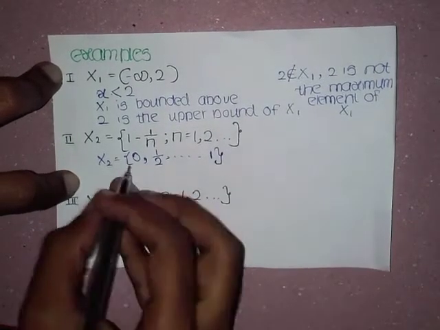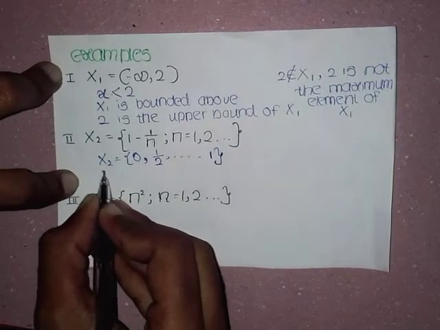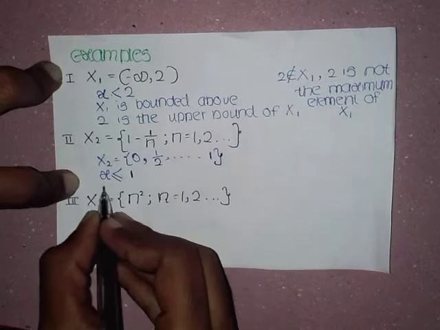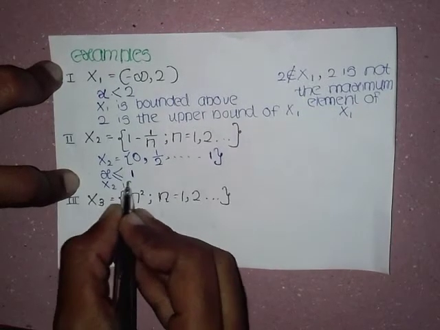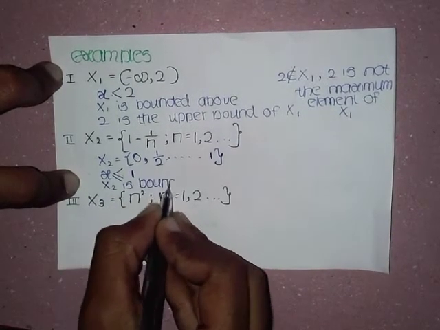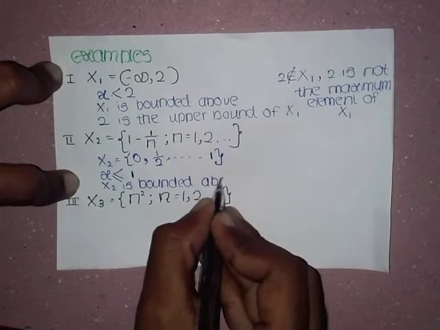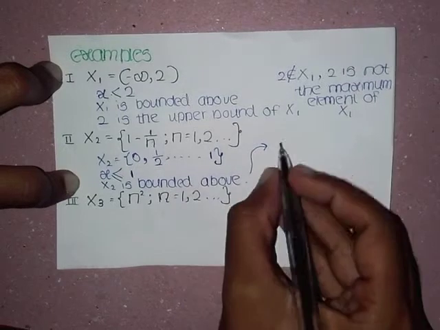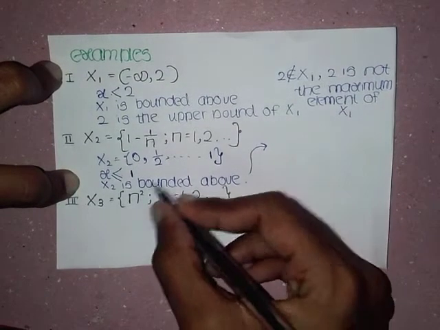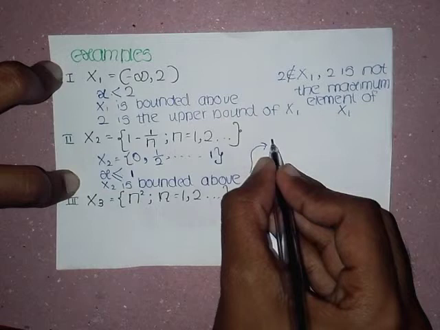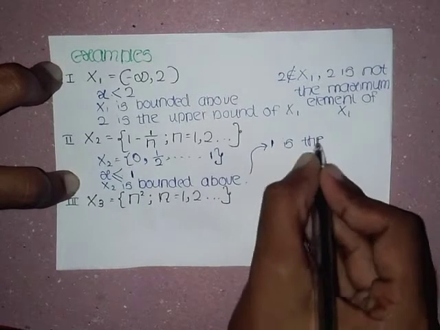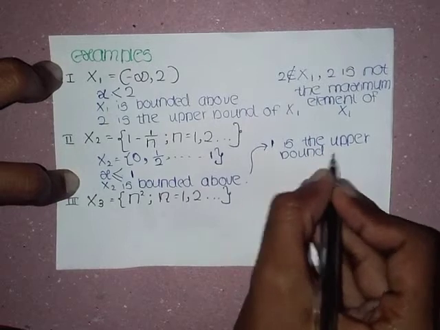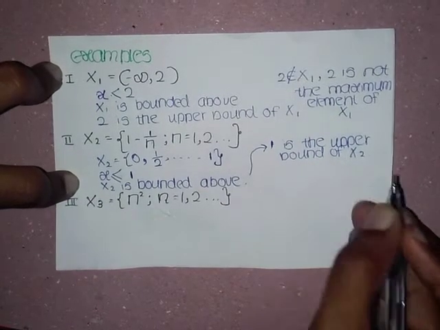Then clearly we can see all the elements are less than or equal to 1. So we can tell X2 is bounded above, and also with this we can tell 1 is the upper bound of X2.